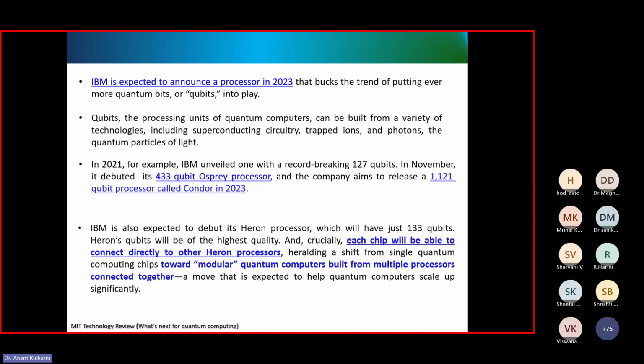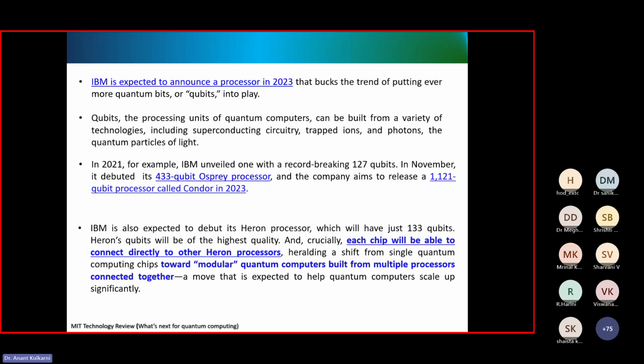IBM is also expected to debut its Heron processor, which will have just 133 qubits. Heron's qubits will be the highest quality, and crucially, each chip will be able to connect directly to other Heron processors, heralding a shift from single quantum computing chips towards modular quantum computers built from multiple connected processors, a move that is expected to help quantum computers scale up significantly.